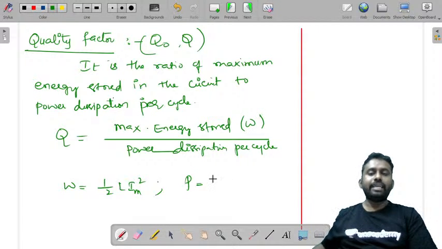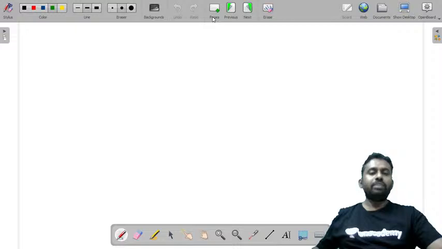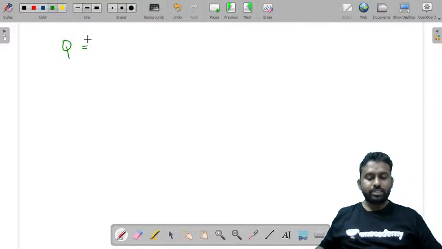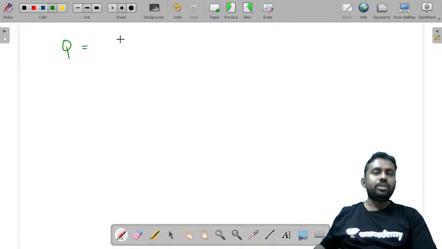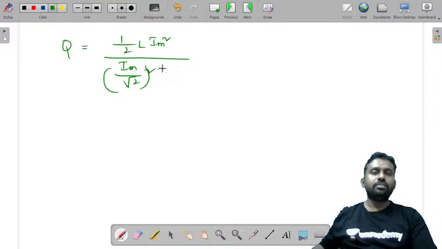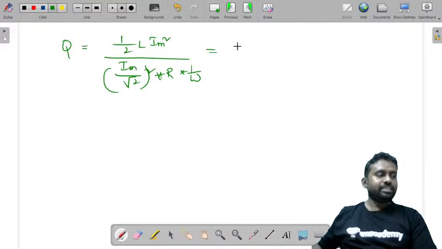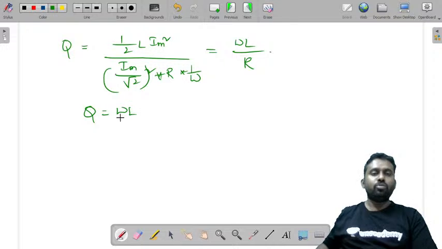And power dissipation is I square R, per cycle it is 1 by omega. So power is I RMS, that is I maximum by root 2, whole square into R into 1 by omega. So quality factor Q is equal to half L Im square by Im by root 2 whole square into R into 1 by omega. If you simplify this, you can get omega L by R. So quality factor is equal to omega L by R.